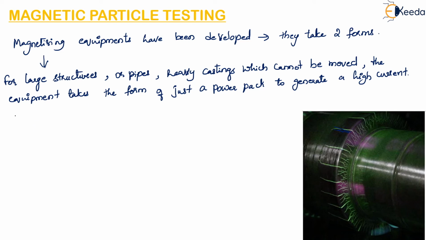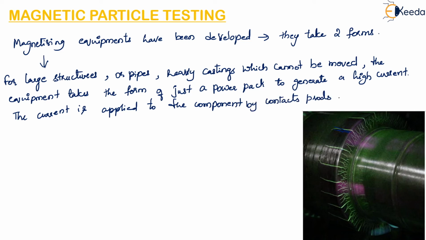So here the current is applied to the component or the subject which we are testing by contact rods or by an encircling coil of cable.